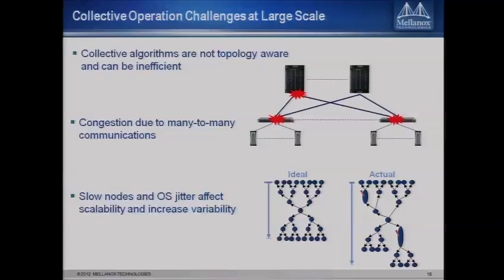You could have 100 servers and you could have one server take a hit with doing something else, and that would affect all of those 100 servers with that one server's OS jitter. So you really want to try to minimize this as much as possible. And of course, as the jobs scale up and we get to hundreds and thousands of servers, it increases the odds of actually hitting this kind of behavior.